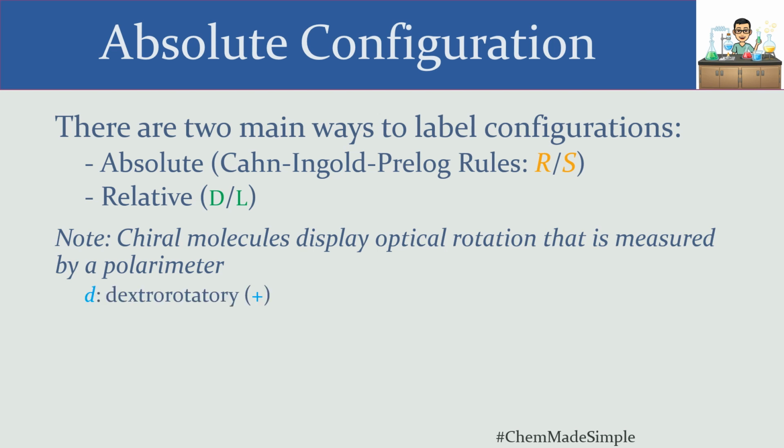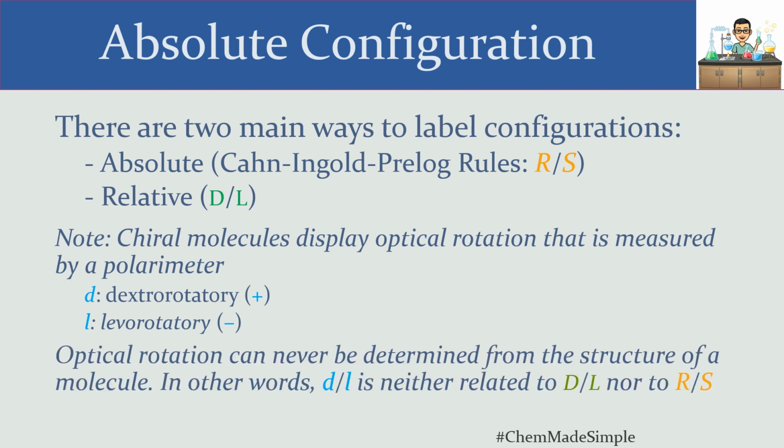When a molecule rotates plane polarized light in a clockwise direction, we say that that's dextrorotatory, and we label that with a lowercase italicized d, or we just put in a plus sign. If that molecule rotates plane polarized light in the opposite direction, counterclockwise, we say that that's levorotatory, and we designate that with a lowercase l or a minus sign.